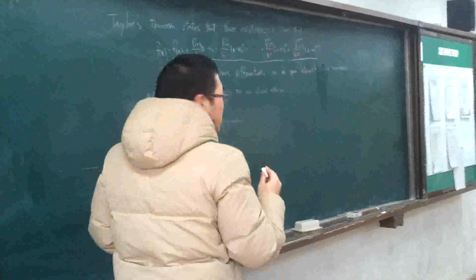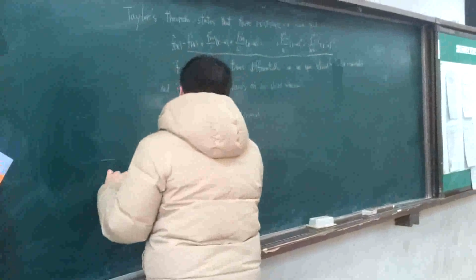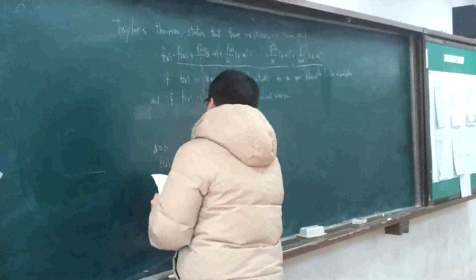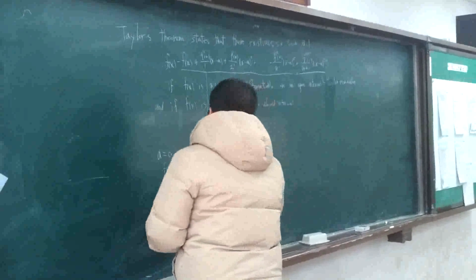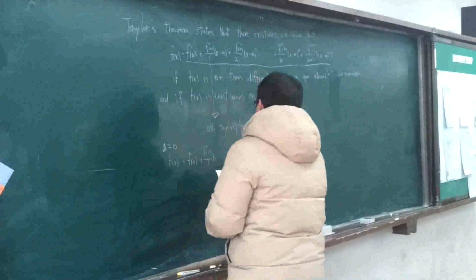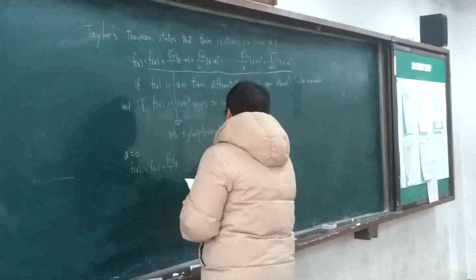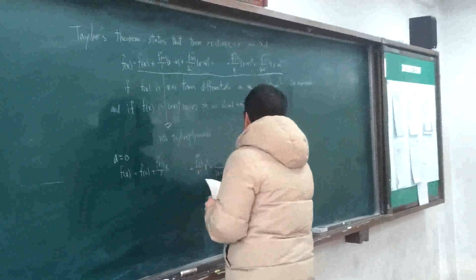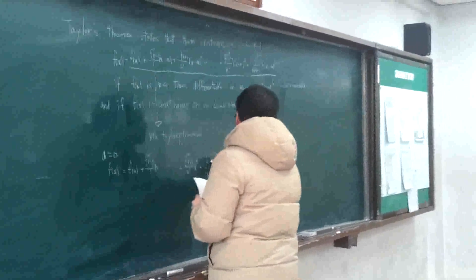If a equals 0, so let's say a equals 0, then f(x) becomes f(0) plus f prime(0) over 1 times x and so on.